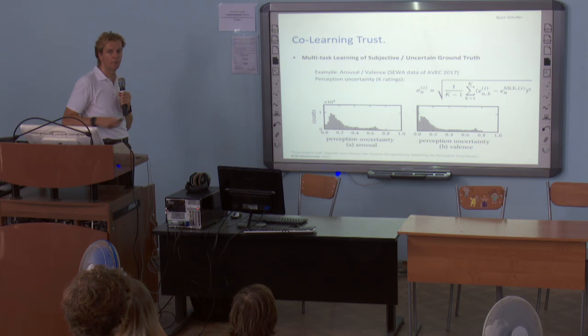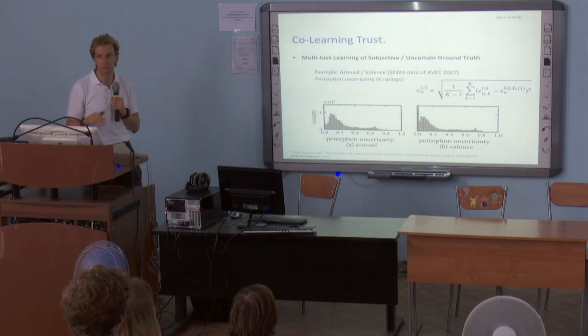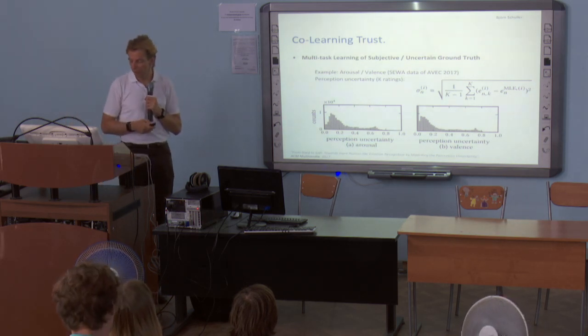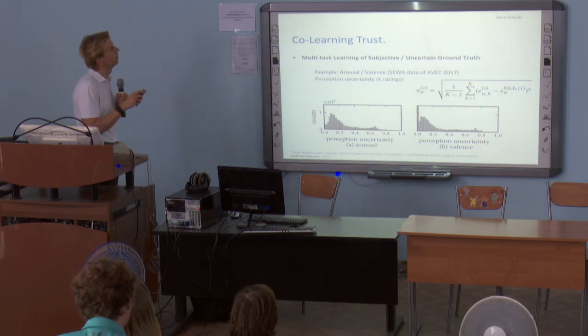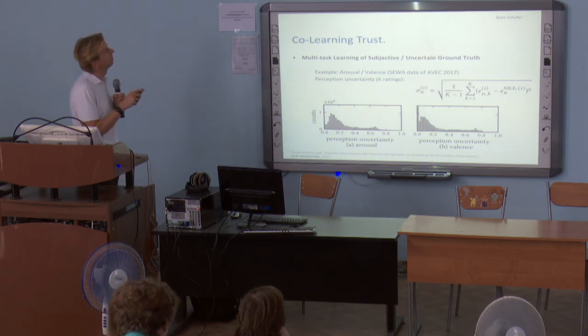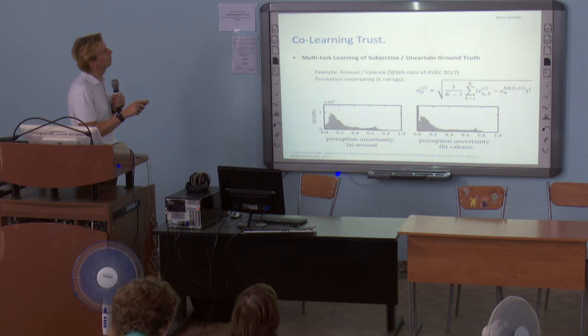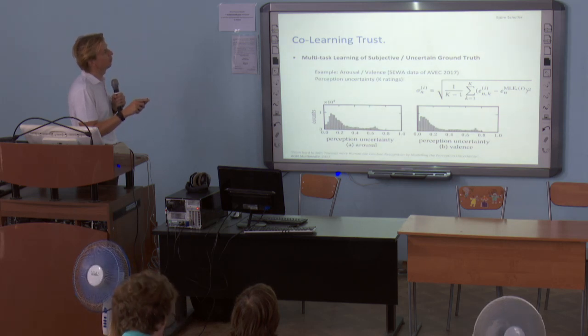So you usually have one target label, but it might come from several labelers. And rather than only using that as a training target, you might consider to include the certainty or uncertainty in such a label as another output task.